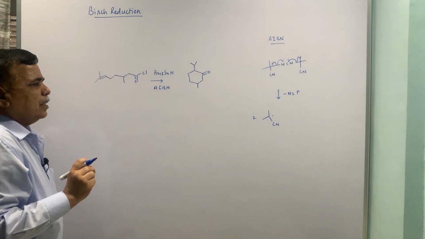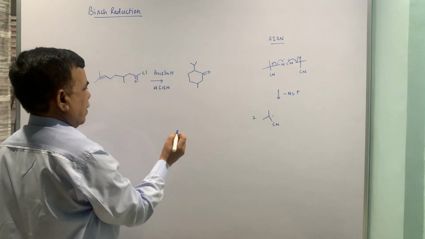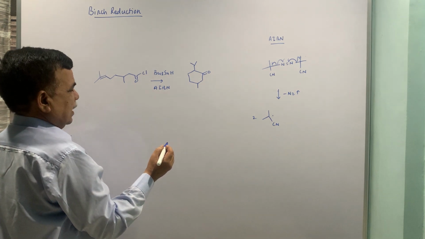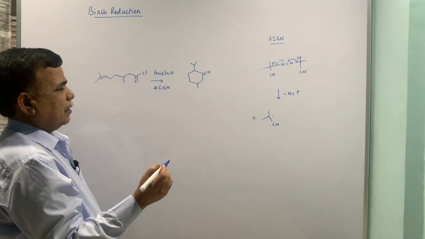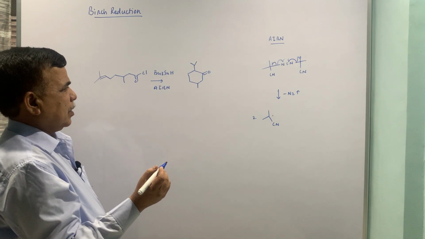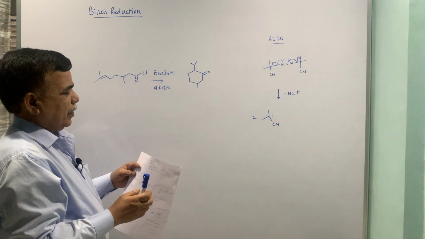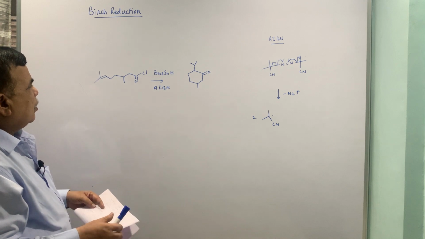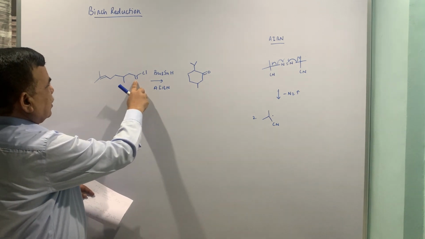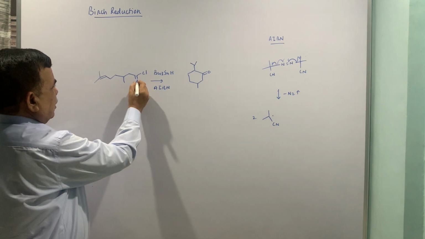Now, these two radicals they interact with tributyl tin hydride and you get the radical, that AIBN functions as a radical initiator. So, the purpose of that is to generate a radical from this.